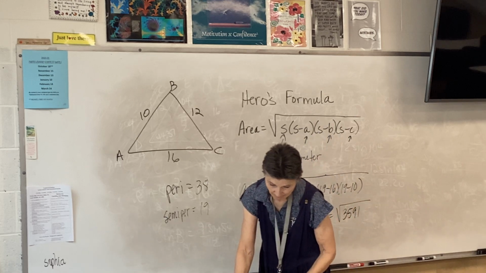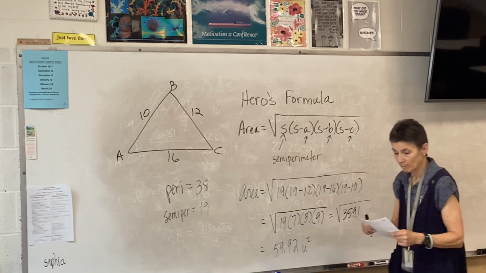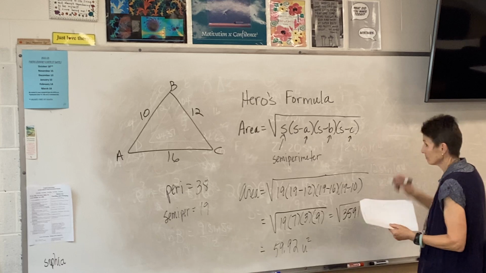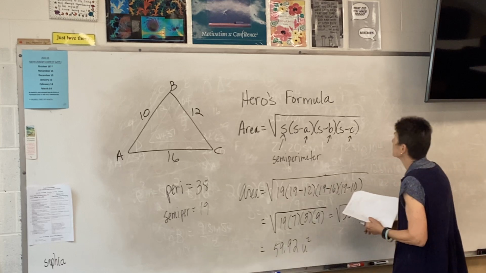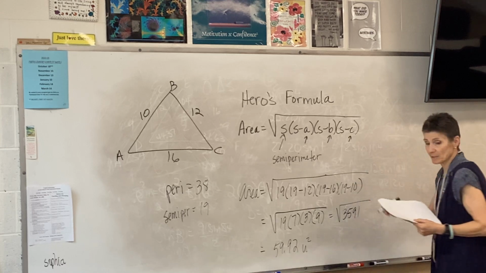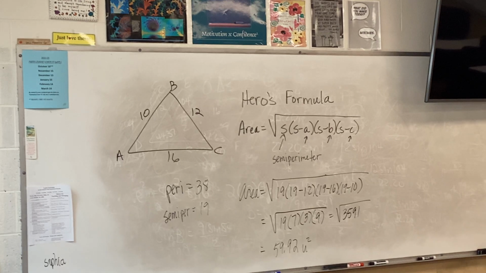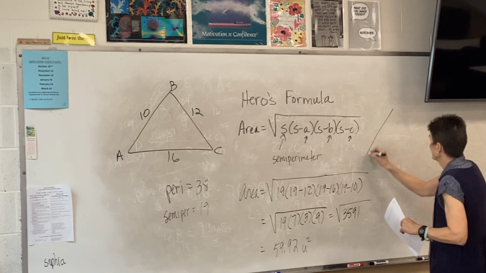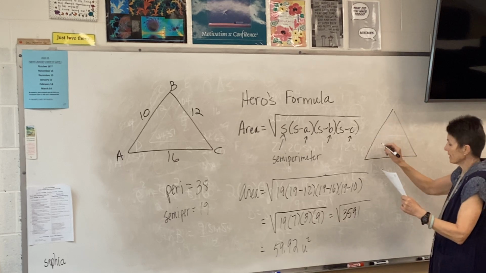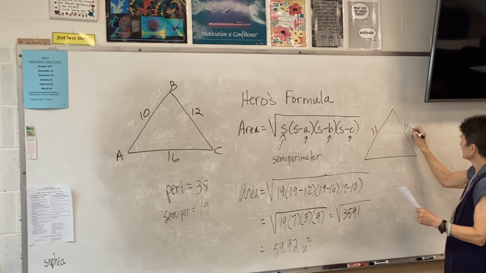Easy peasy. Let's jump to problem D, because it is about the same thing. So the first thing we're going to do is find our perimeter, okay? So our triangle is 11, 15, and 17.